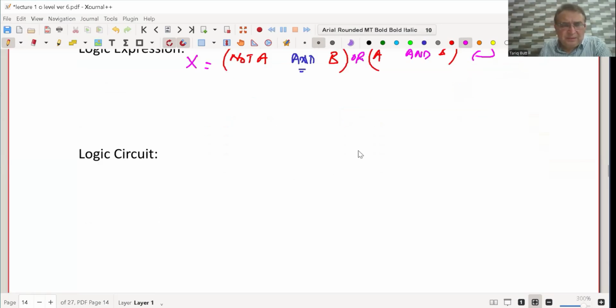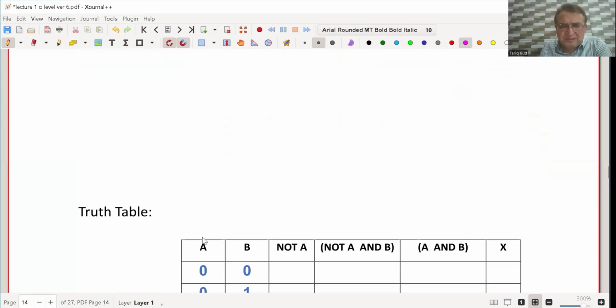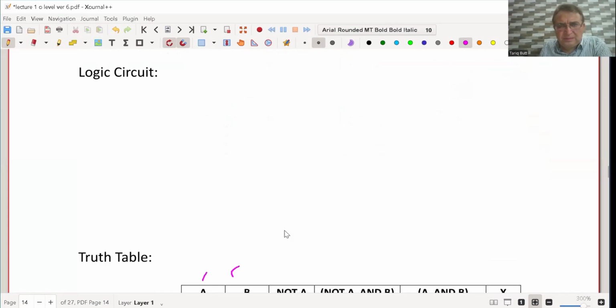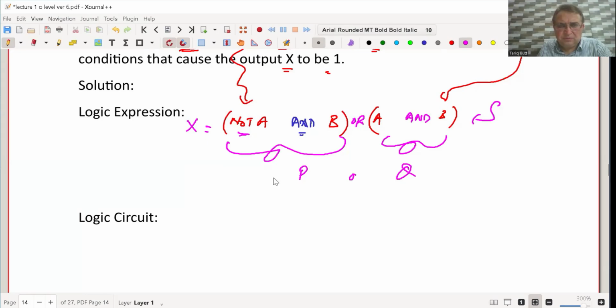And then finally, you can draw the truth table. You had already seen this. Inputs are A and B. Then you have to build the column for not of A. Then you have to build a column for this. You have to build a column for this. Let's say you call this P, this is Q. And then you have the output X, which is P or Q.